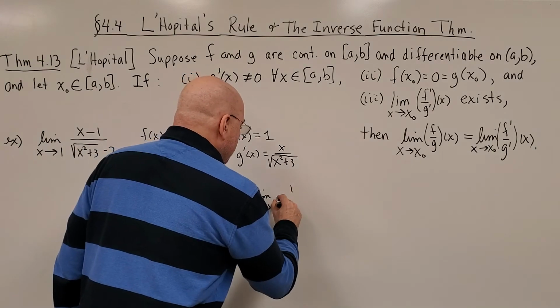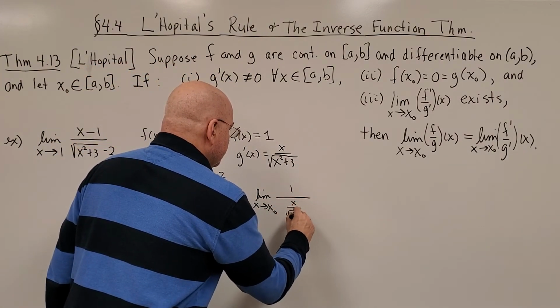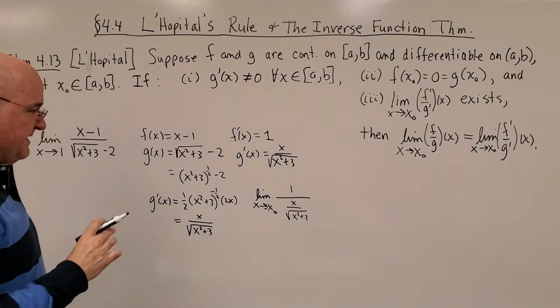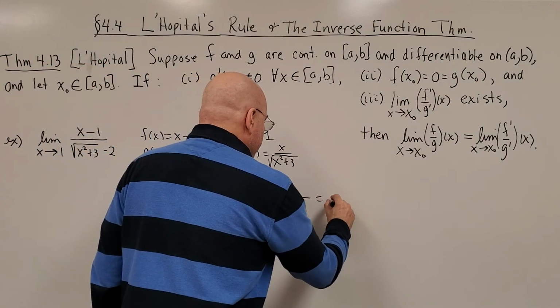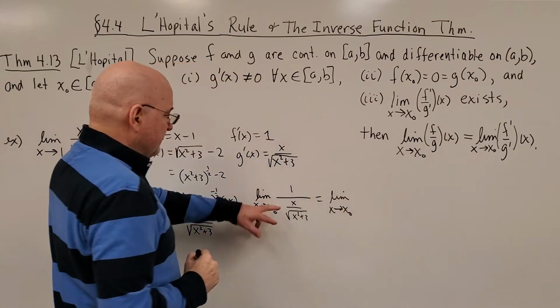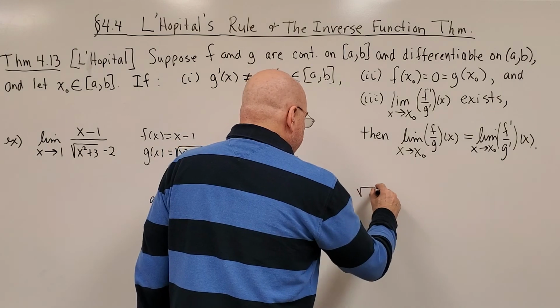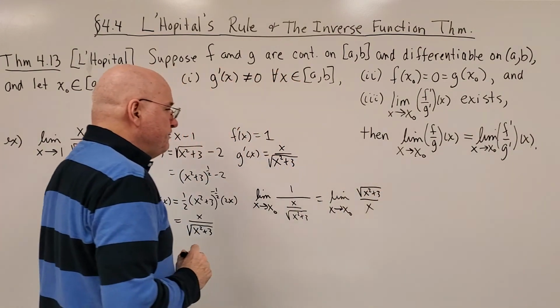So 1 over x over radical x squared plus 3. That fraction is the denominator. Well, this is equal to the limit as x goes to x naught; this is like the reciprocal of the denominator. So radical x squared plus 3 over x.